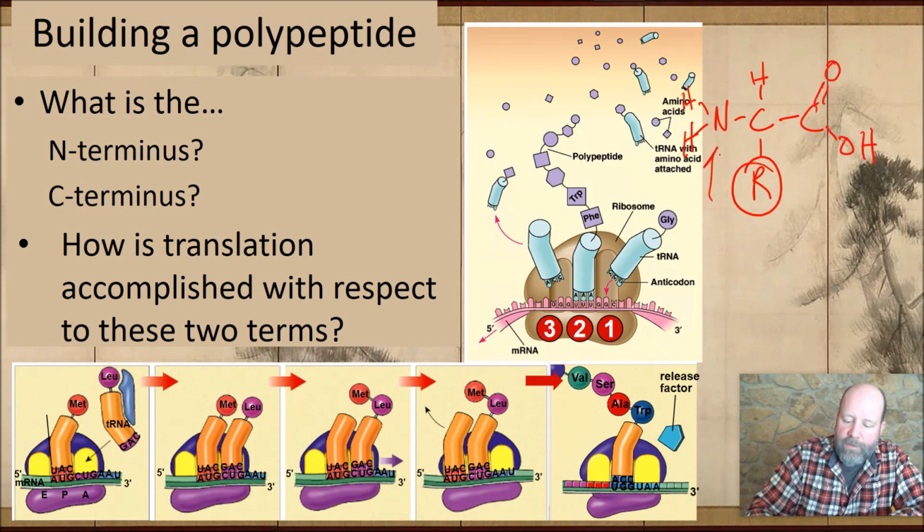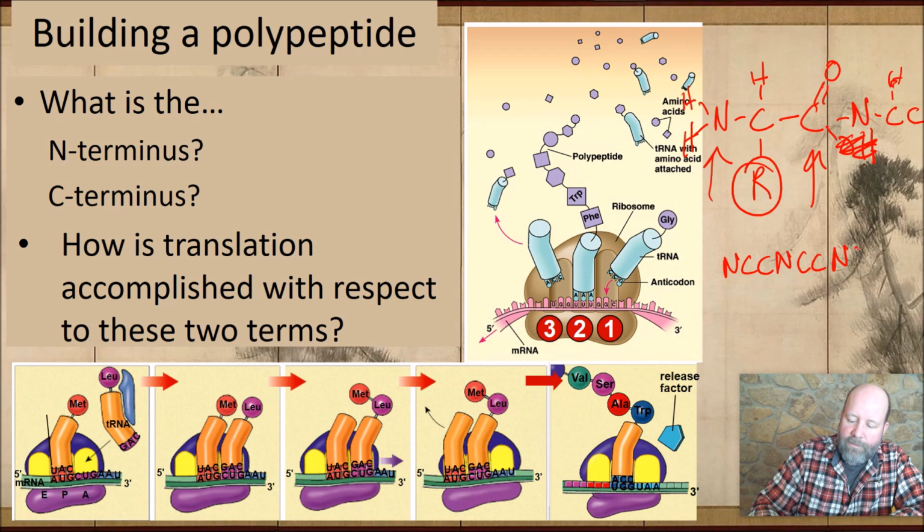So we have this amine group and we have this acid group. And when we go to attach another one, it's going to take out this hydroxyl and it's going to bind like this. And so I'm going to end up with another carbon, and so on. And so I'm going to get this NCC, NCC, NCC repeating chain. In each of these. So that's going to make up the backbone of the polypeptide.